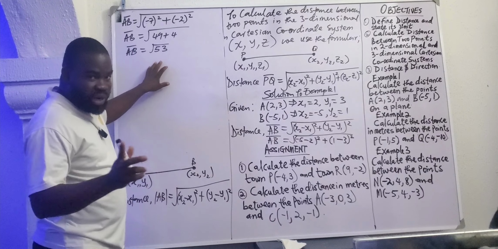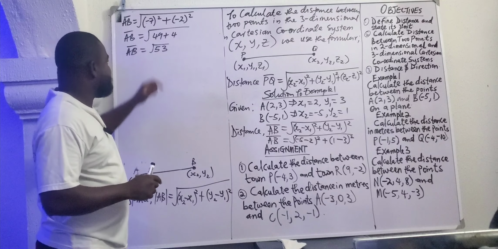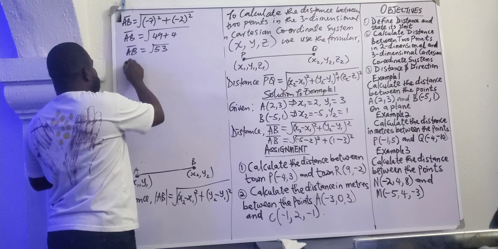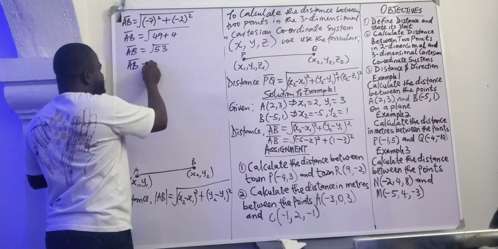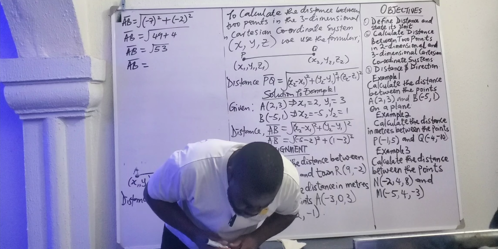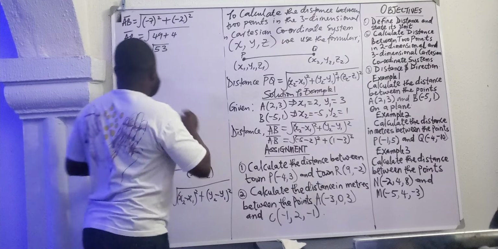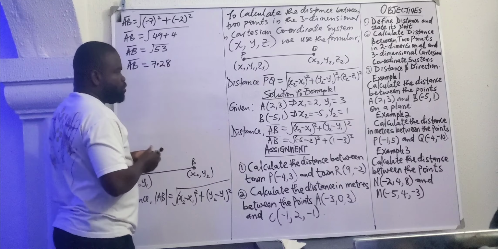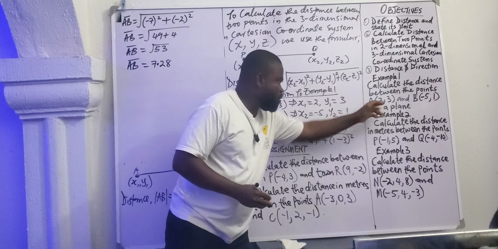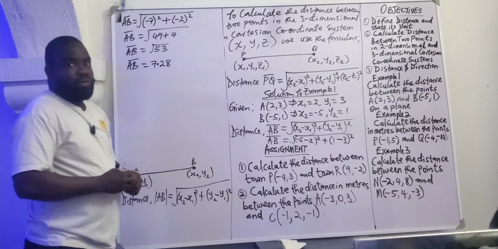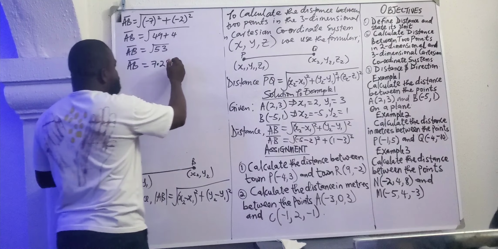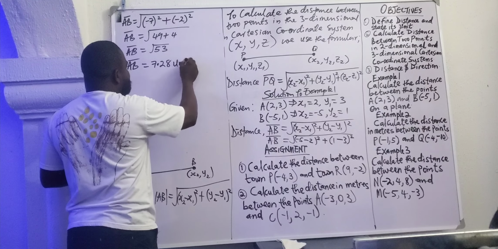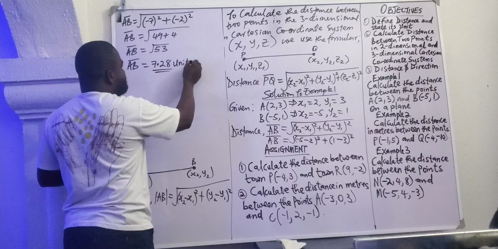However, you have access to a calculator. You can press the square root of 53 and you will get a value of 7.28. Now, because no unit was mentioned in the what? In the question, what will we put? You will put unit here after solving the question.